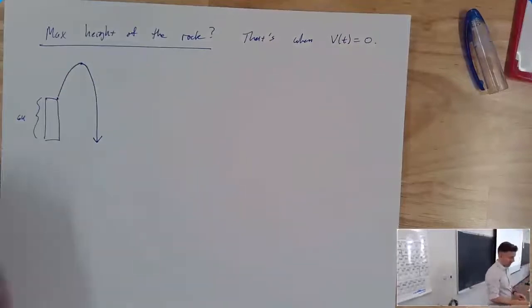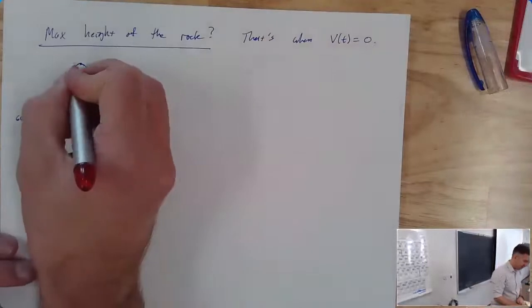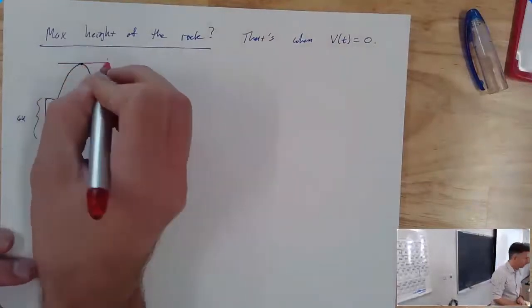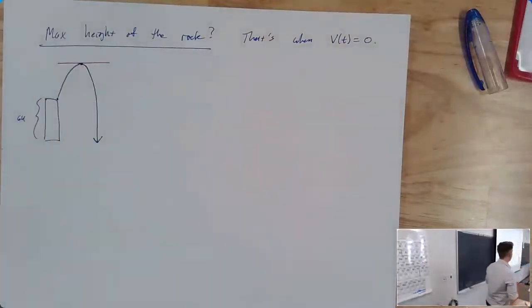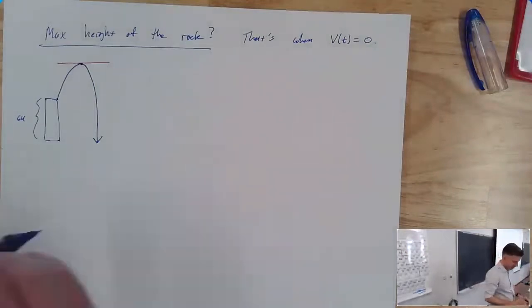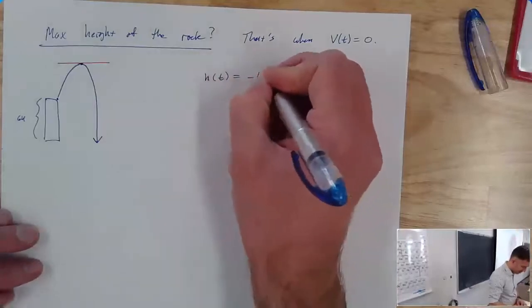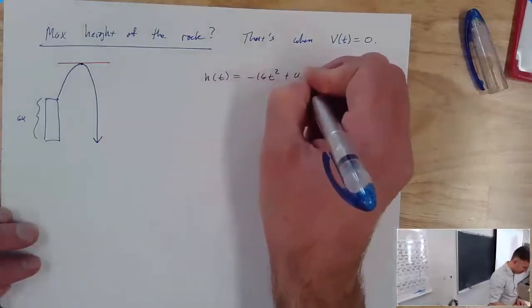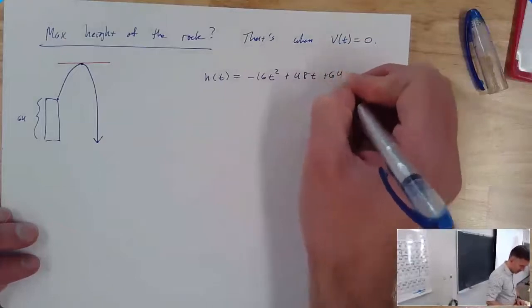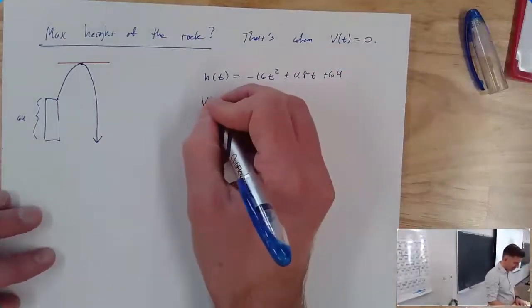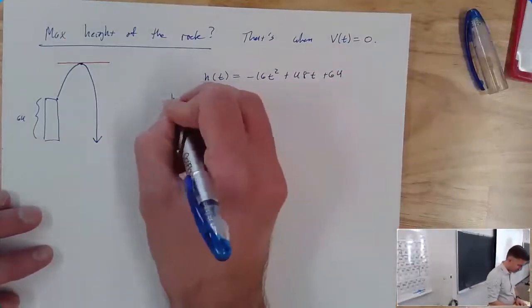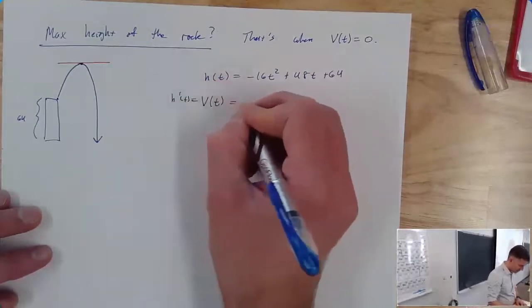Which makes a lot of sense in the same context as before, that when you're trying to find, say, a point on a graph where you might have a horizontal tangent line, you're trying to find where the derivative of your function is zero, which is exactly what we're doing, because we're taking our function h of t equal to negative 16t squared plus 48t plus 64, and taking its derivative, aka the velocity, and setting it equal to zero.